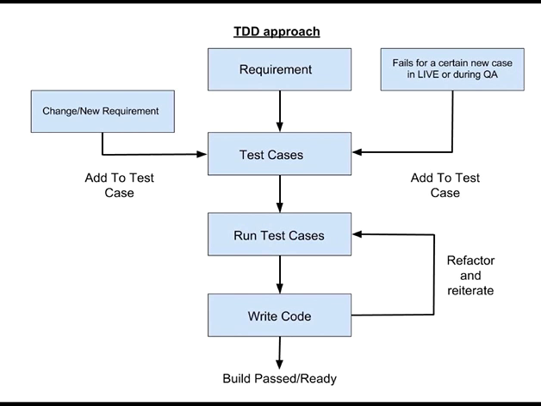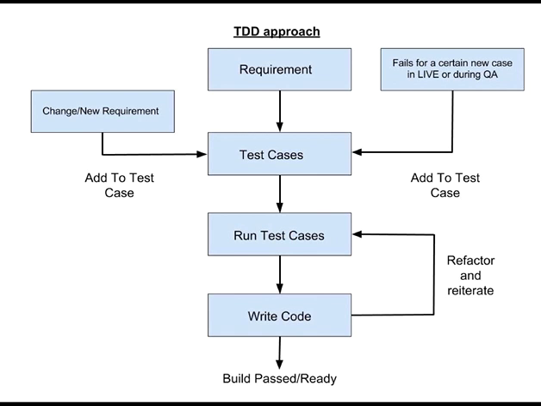If you come to the figure again, you have the requirement. You write all the test cases for what is in the requirement. Then you run the test cases; the first time it will fail, then you go to write the code. When you write the code, the basic thing is that all the test cases should pass at a minimum.